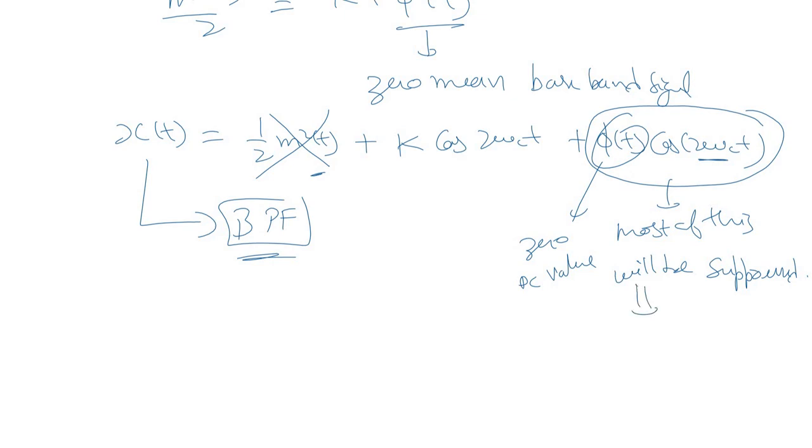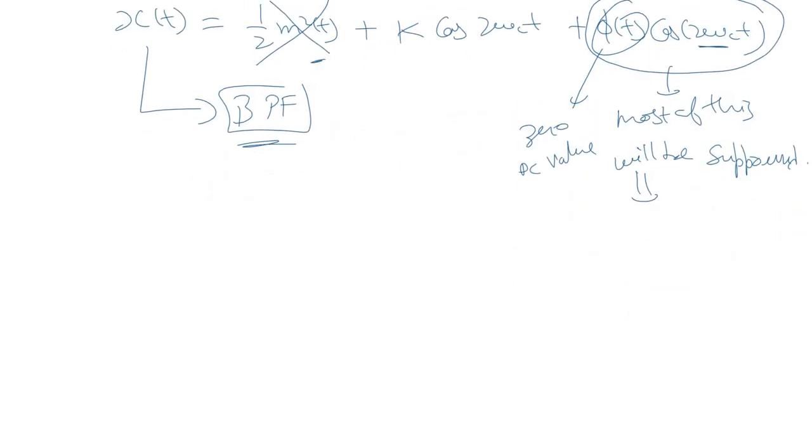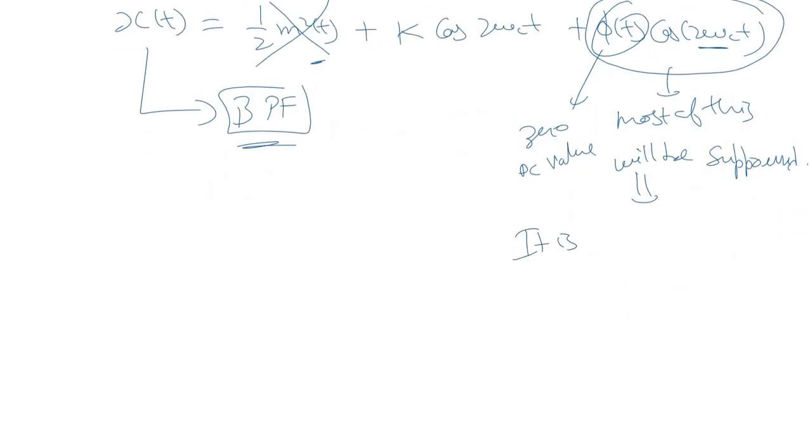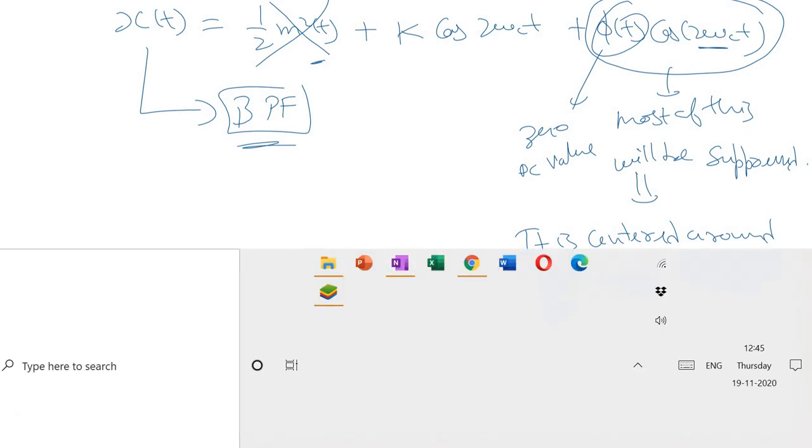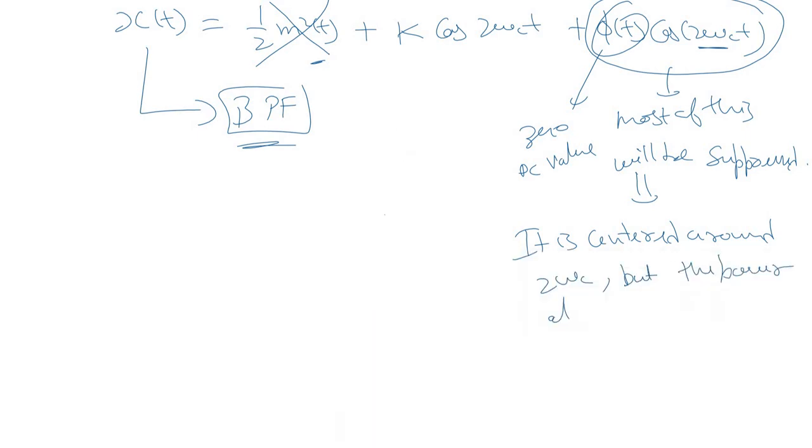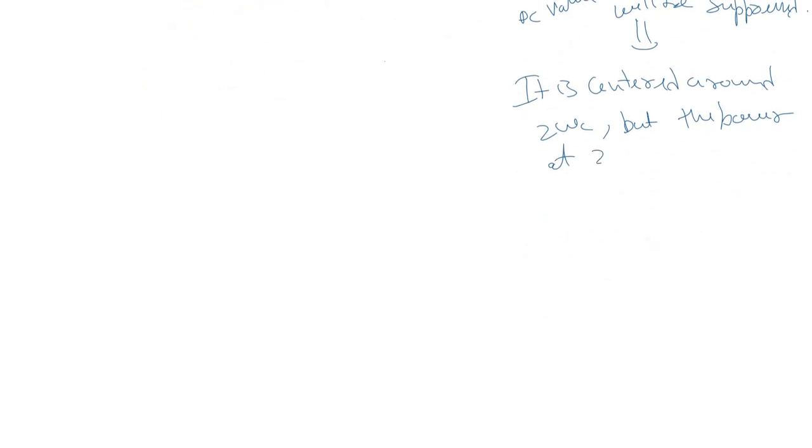If we talk about this signal as a whole, it is centered around twice of omega c, but the power at twice of omega c is almost 0, approximately equal to 0, right?